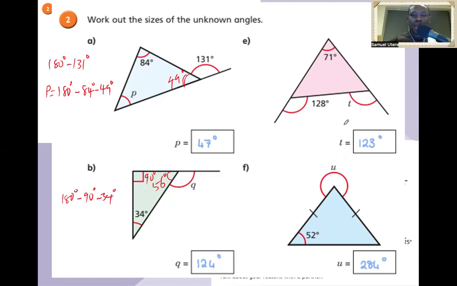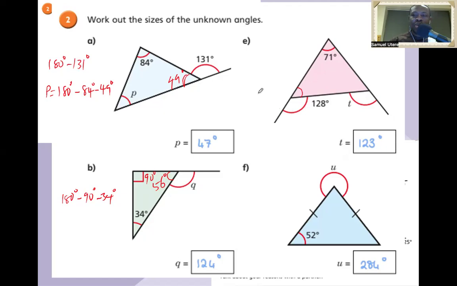This one here, we have this angle here. We want to find this angle, but we're going to have to go around doing this in a different way. So if we can find this angle, then we should be able to use the sum of the angles in a triangle to find this angle and then subsequently find that angle.